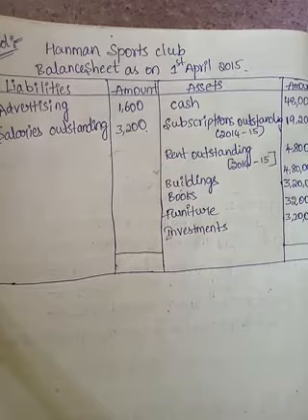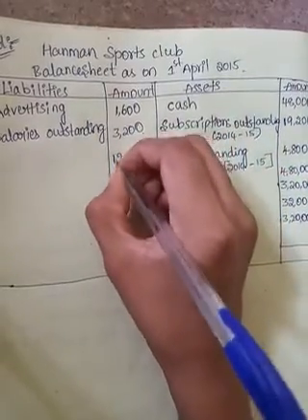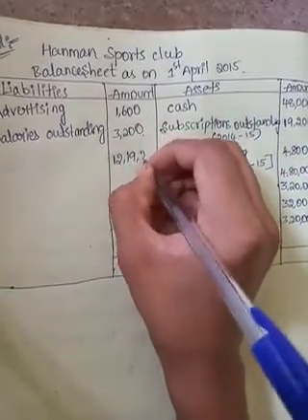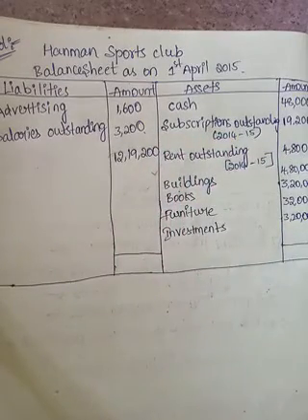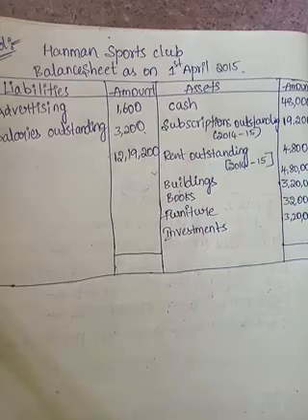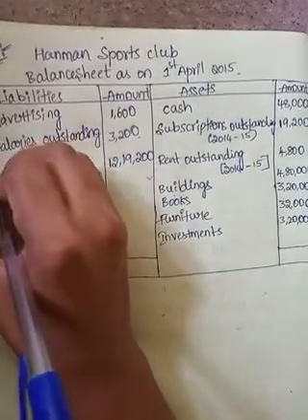Minus 1,600, minus 3,200, the balancing figure is 12 lakhs 19,200. Okay, this is the balancing figure. So it is the capital fund.